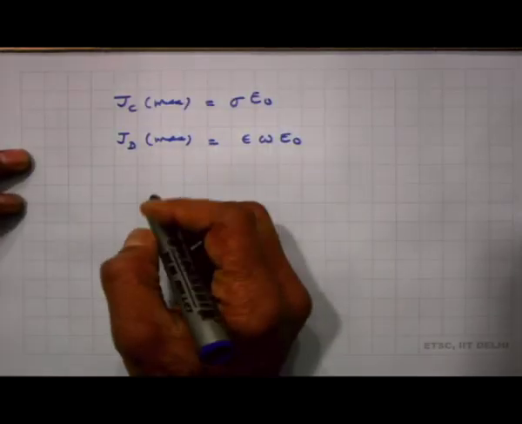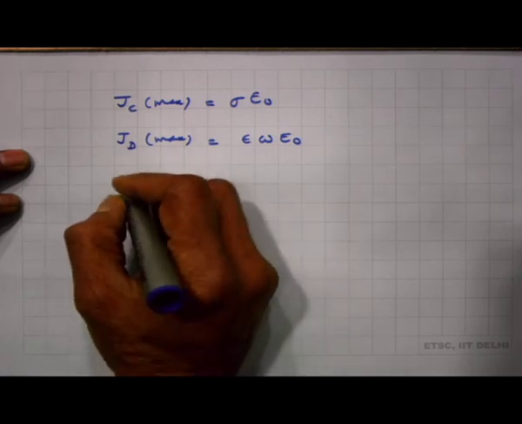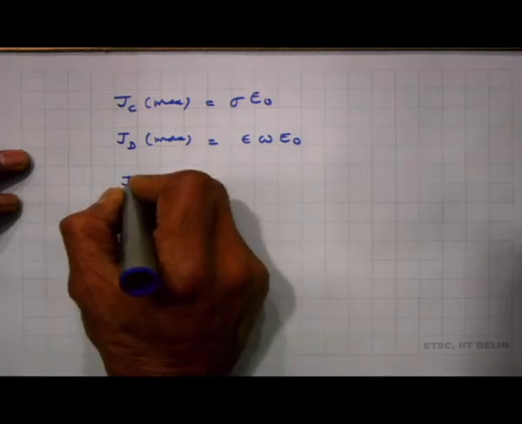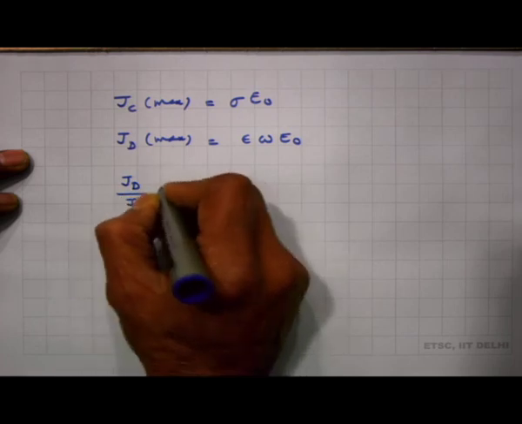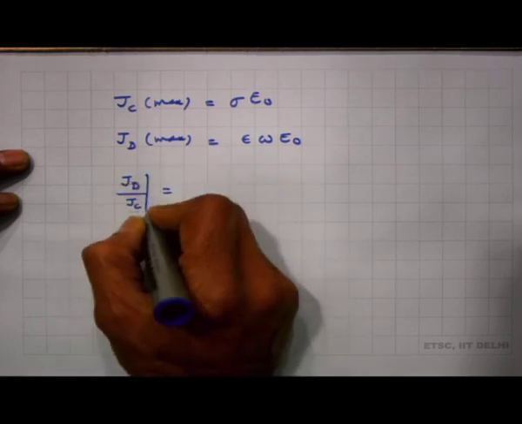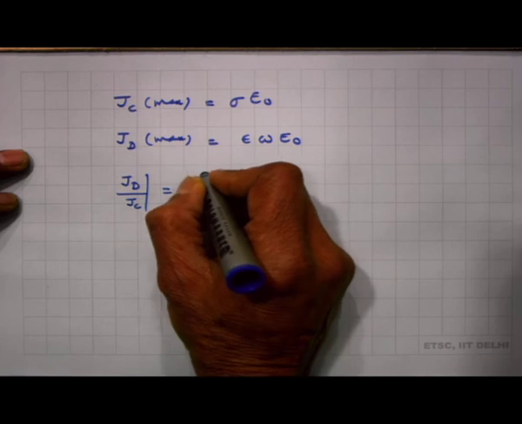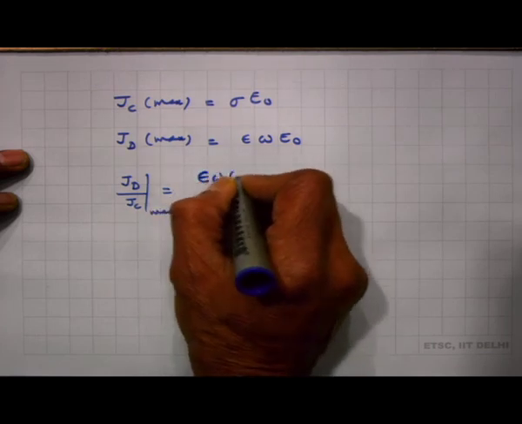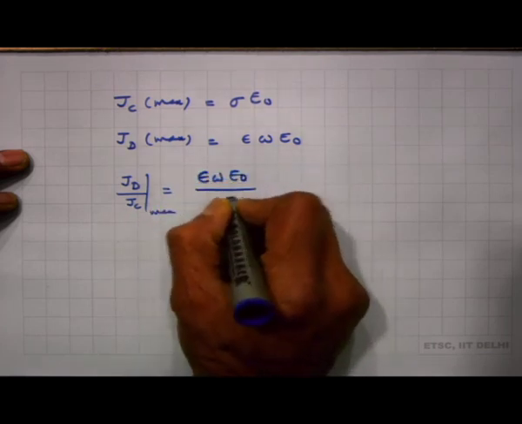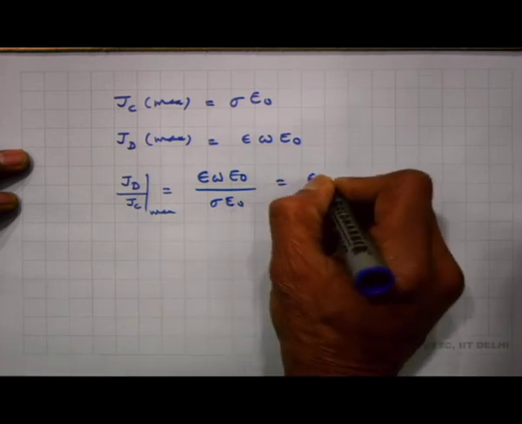So, the ratio of displacement current to conduction current is epsilon omega E0 by sigma E0, which is equal to epsilon omega by sigma.